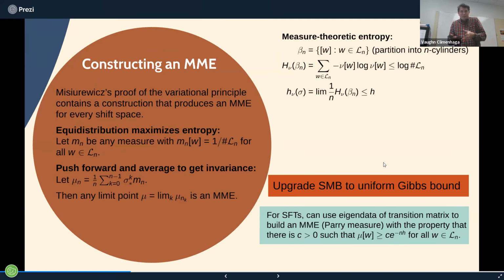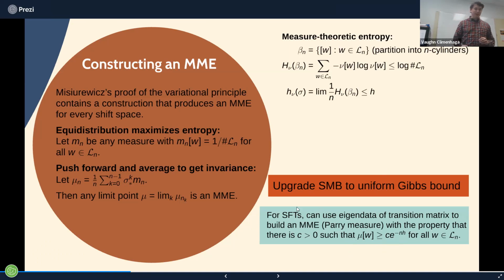That's algebraic information that is not present for an arbitrary subshift, and so you're really working in a more restricted class there. But this construction gives you a measure that has this stronger property, that is, the measure of a word of length n is bounded below by a constant times e to the minus nh. So once again, sub-exponential has been upgraded to uniform. There's also a corresponding upper bound, but we don't need it for what comes later.